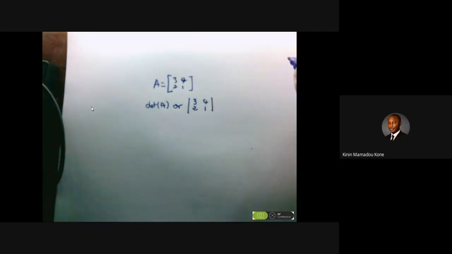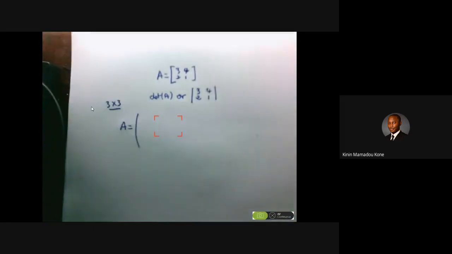You can write the determinant of A like this, or you write it this way. That's another notation for the determinant of the matrix A. The 3 by 3 case will also lead us to find a certain determinant.